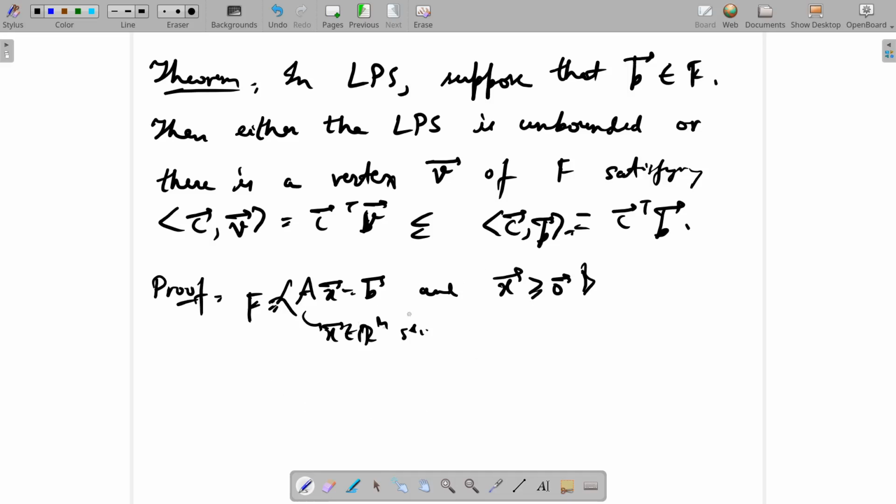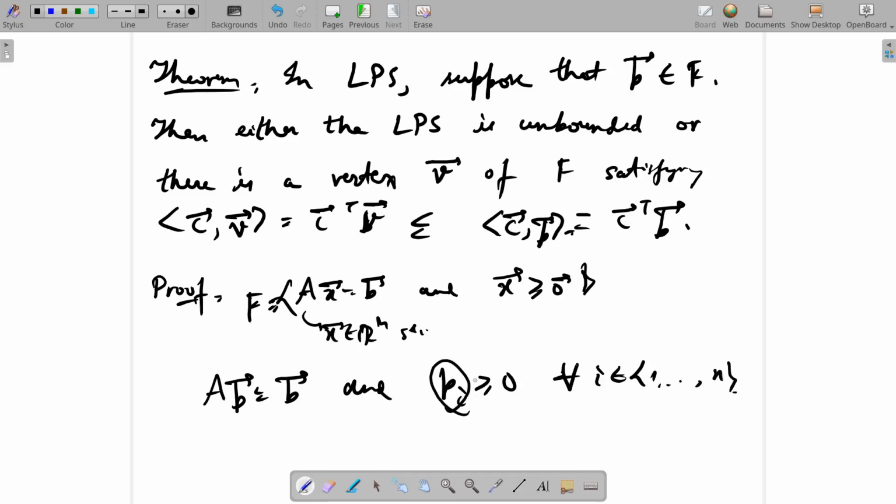So since P is in F, clearly Ap is equal to b, and in the notation we have been using, p_i is bigger than or equal to 0 for all i in 1 through n. So p_i is the ith coordinate. This is just rewriting the fact that P is in F.